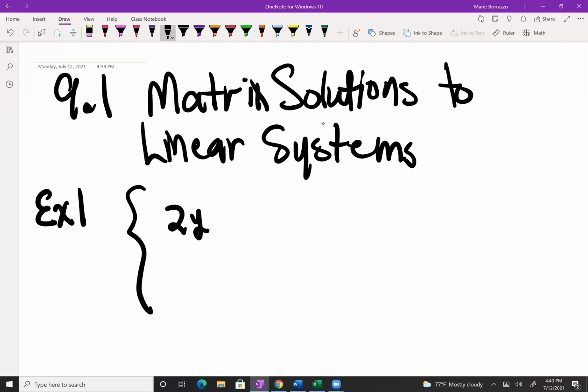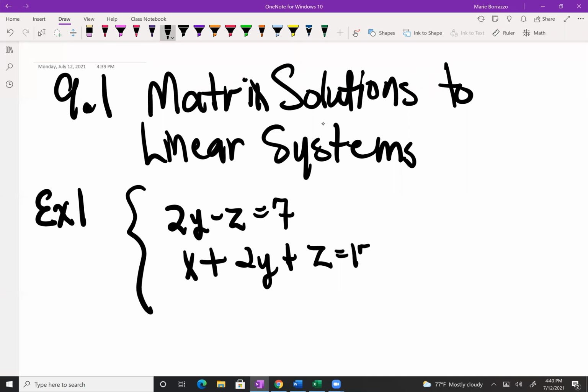We have 2y minus z equal to 7. They give us x plus 2y plus z equal to 17. And they give us 2x minus 3y plus 2z equal to -1.